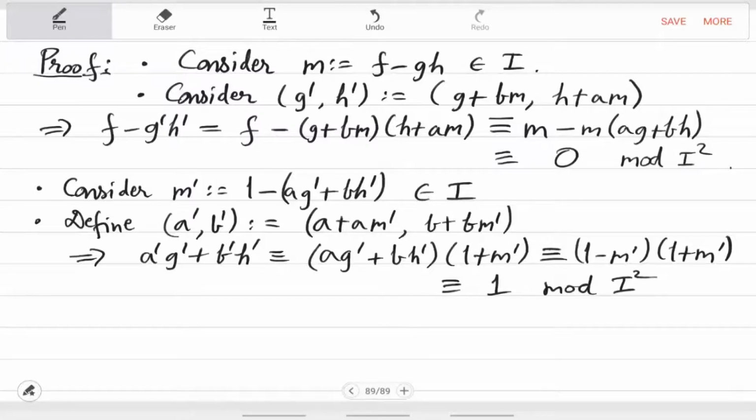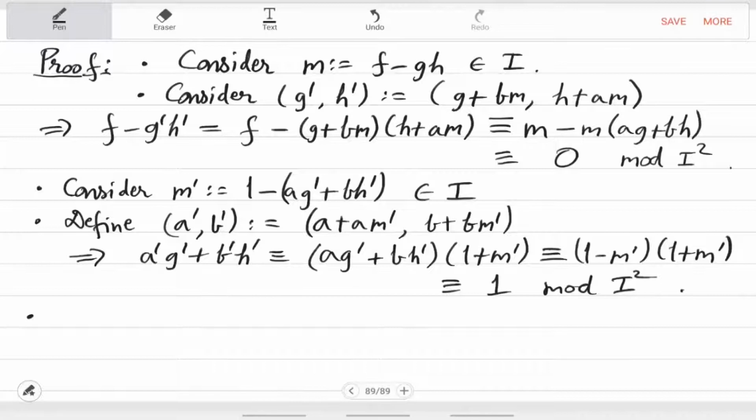Is that clear? This product is 1 minus m prime square. M prime square is in I square. So this is 1. So which shows that g prime, h prime that we have constructed, they are also pseudo coprime. And you get the Bezout identity explicitly.